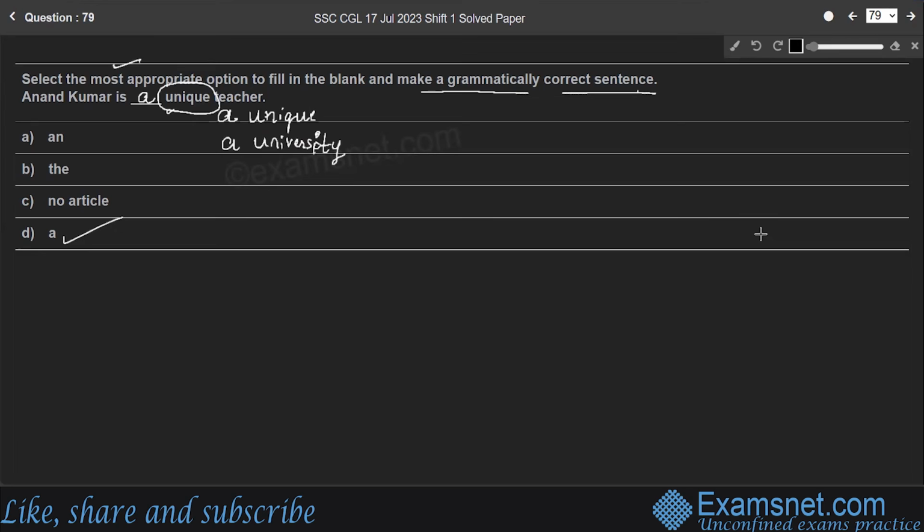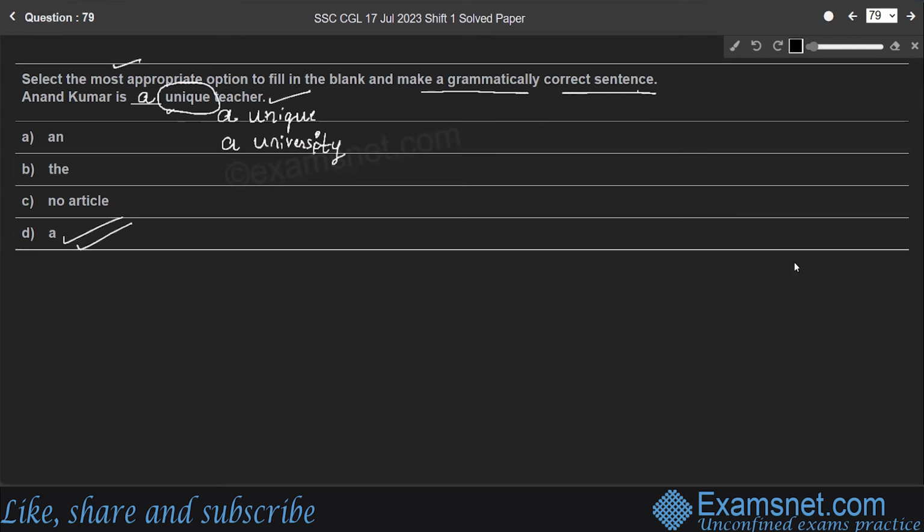For example, Harsh got himself enrolled in a university. Therefore, Anand Kumar is a unique teacher will be the right answer. Another reason is that here unique teacher doesn't identify a specific teacher; it describes the kind of teacher Anand Kumar is. Therefore, option D will be the right answer.